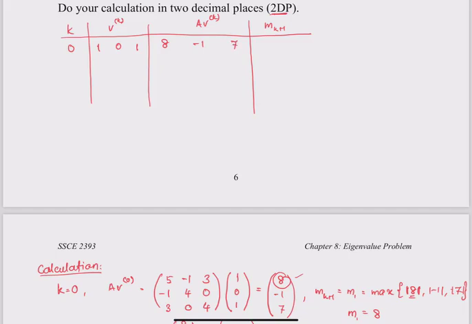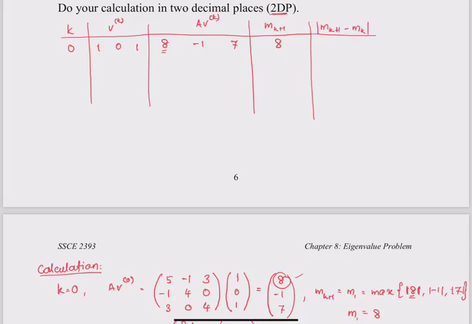And our MK, the largest one, is 8. Here is the column for mk plus 1 minus mk.